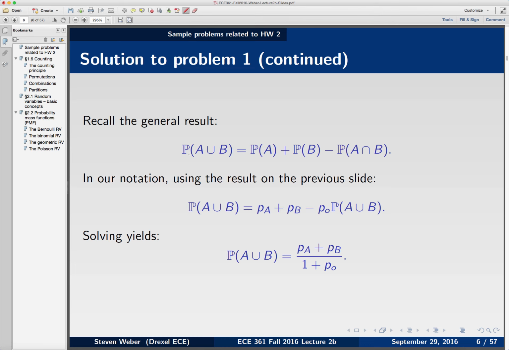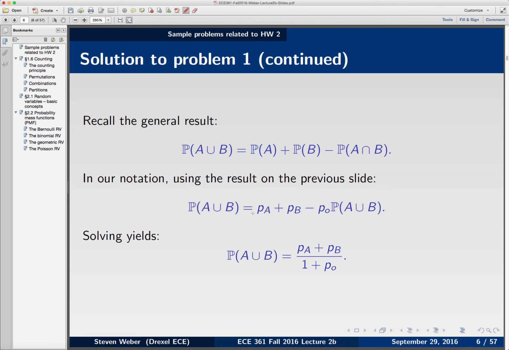Now recall that by a simple extension of the additive axiom of probability, the probability of A or B is always, for any A and B, the probability of A plus the probability of B minus the probability of A and B. Using our notation from the previous slide, we can write this expression in terms of the given quantities.